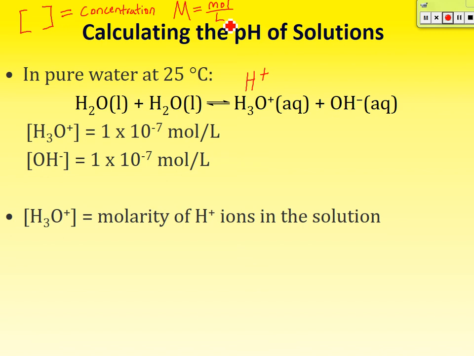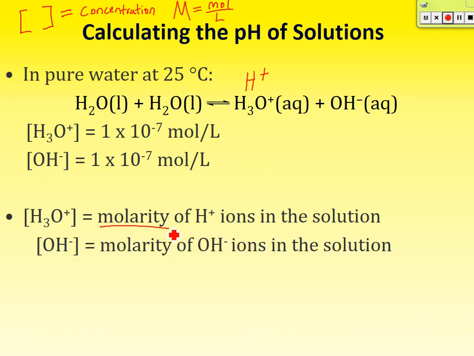So again, H3O plus in brackets tells us the molarity of the H plus ions in the solution. If you see OH in brackets, it's telling you the molarity of the hydroxide ion in the solution.